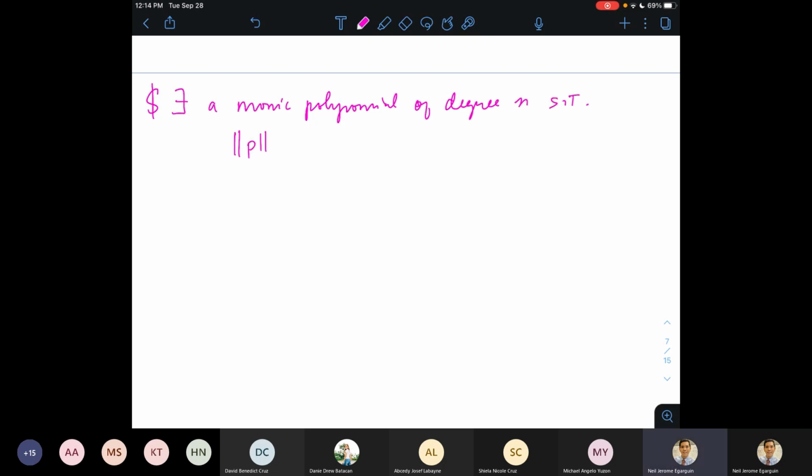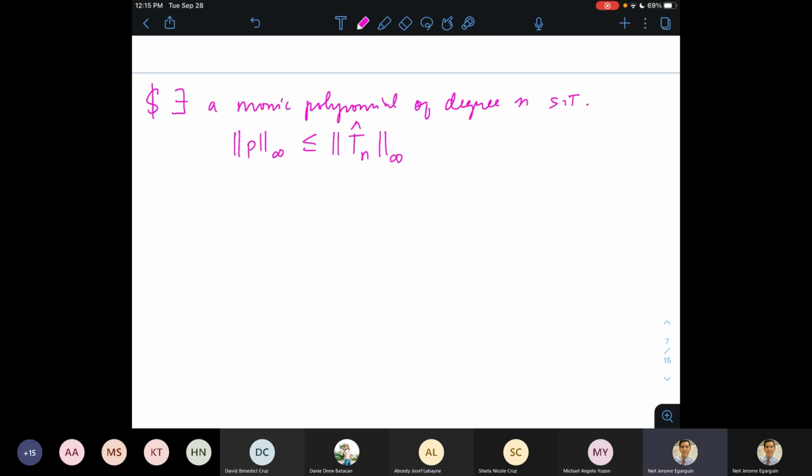So suppose for sake of contradiction that there exists a monic polynomial P of degree n such that its L infinity norm is smaller than the L infinity norm of T hat sub n.